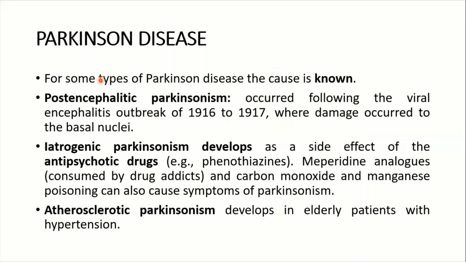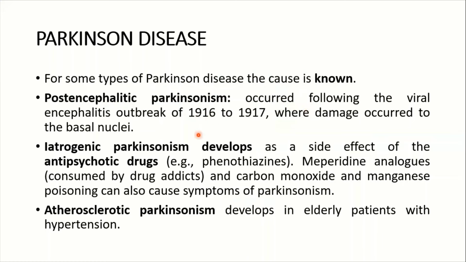So I told you already, for some types of Parkinson disease the cause is known. Mostly the cause of Parkinson disease is not known, but here I have given you three types where the cause is known. Number one is post-encephalitic Parkinsonism.